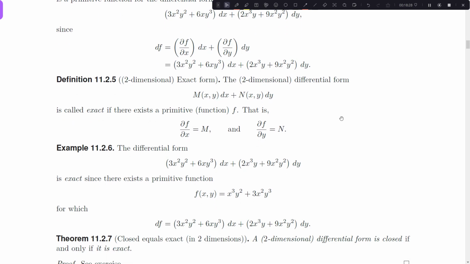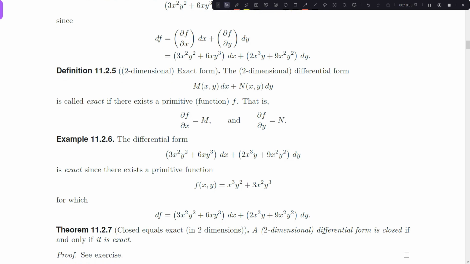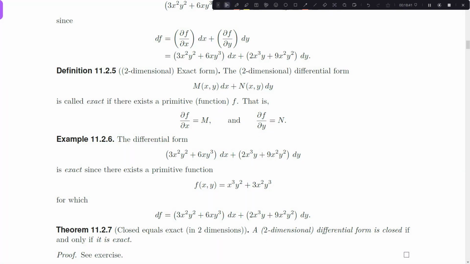Okay, the next theorem is the entire theorem of section 11.2, and that's that closed equals exact in 2 dimensions. So if I take a 2-dimensional differential form and it's closed, recall closed means that, let's take omega is m dx plus n dy.